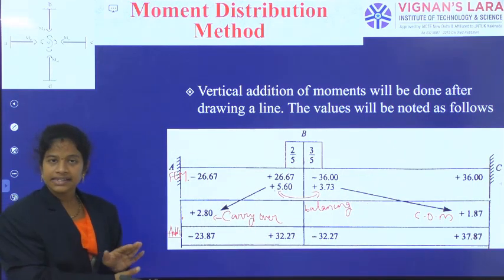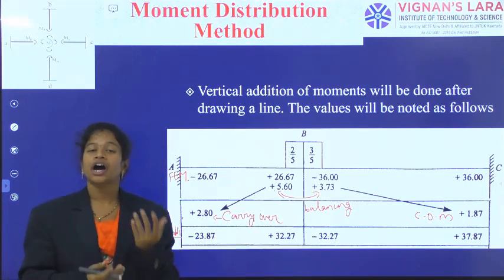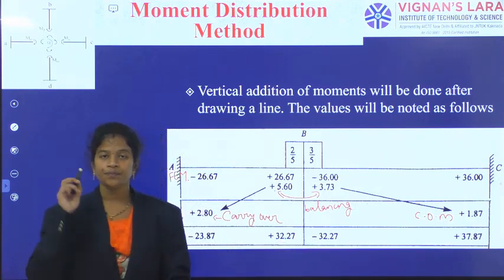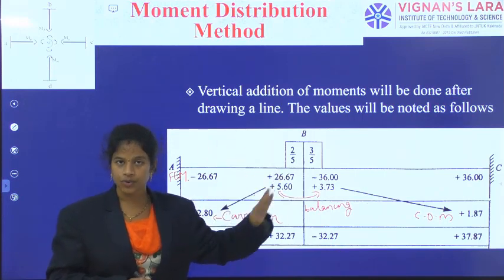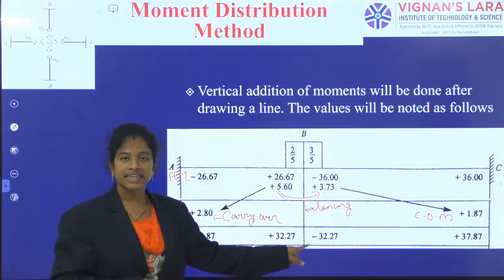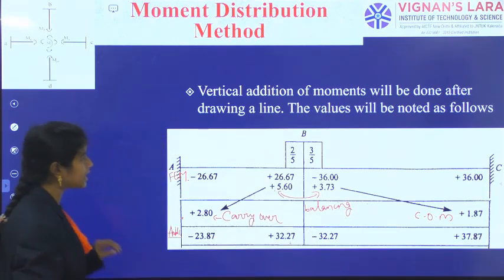Again, at this step, whether you can stop here or you have to continue, we find by observing the two values at the joint. When the summation of those two values is equal to 0, you can stop the table here. The summation of these two answers at B is equal to 0, so we can stop the table here.